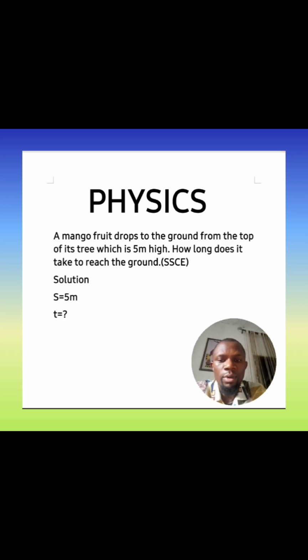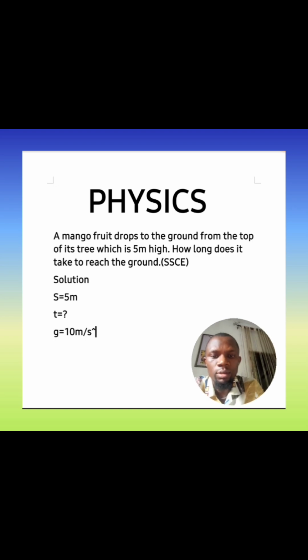Remember, gravity is always constant. My gravity is 10 meters per second square. What is somehow technical in this particular question is that you need to know the movement of the object.